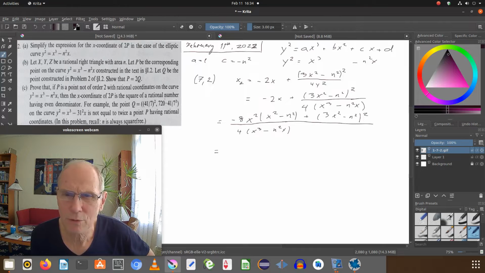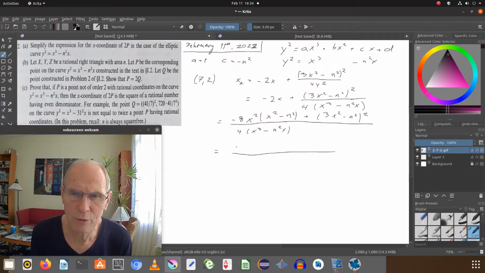Minus 4x squared, x squared minus n squared, and I think that's right. So we expand the numerator.